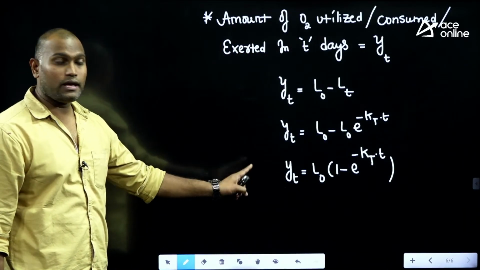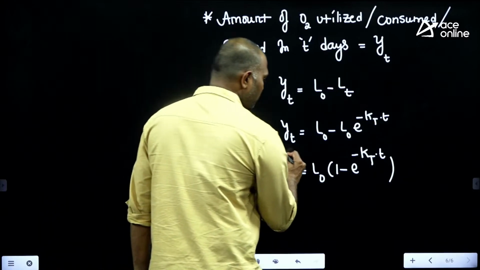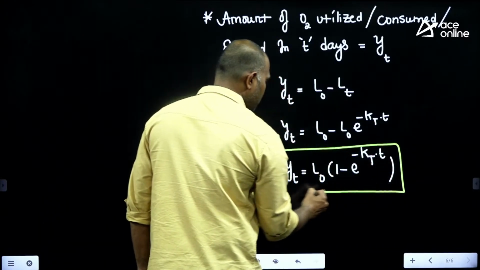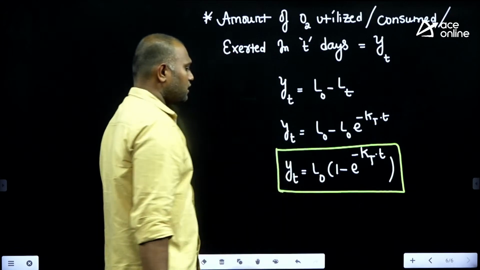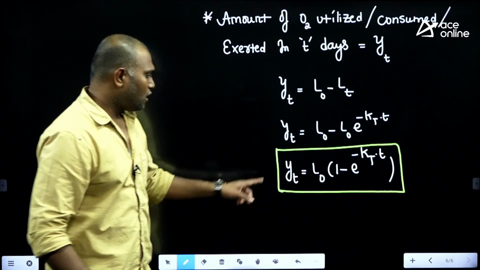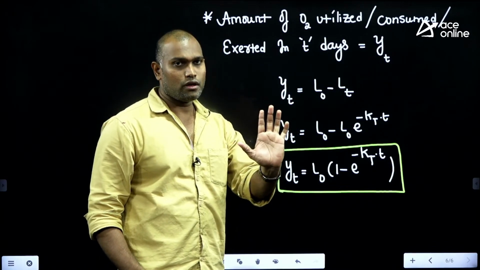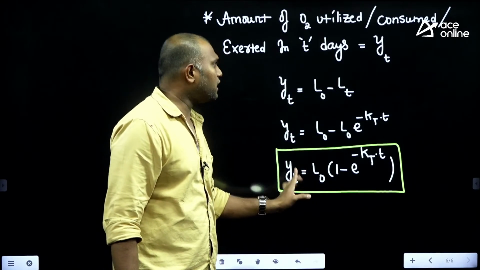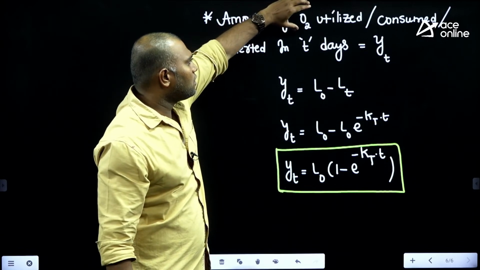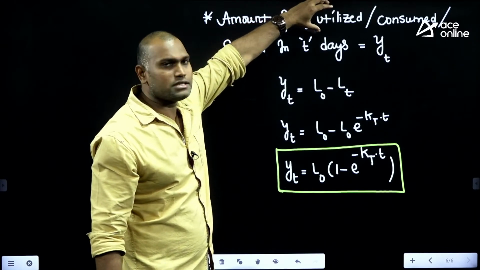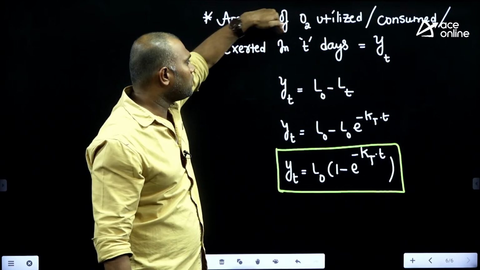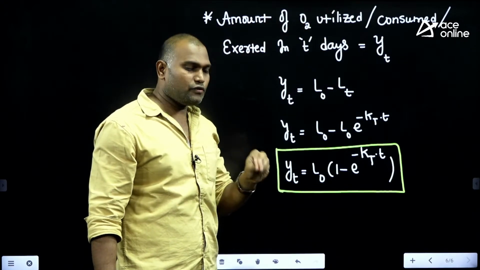This is the BOD expression. So what is the meaning of YT here? The meaning of YT is the amount of oxygen utilized or consumed by the microbes in T days. For 2 days, how much?